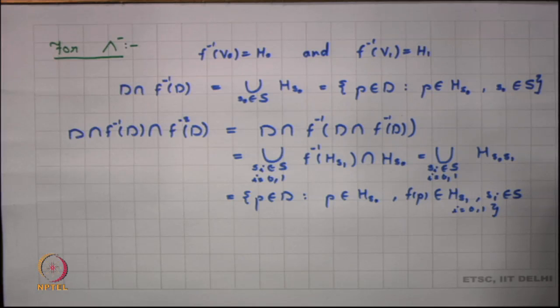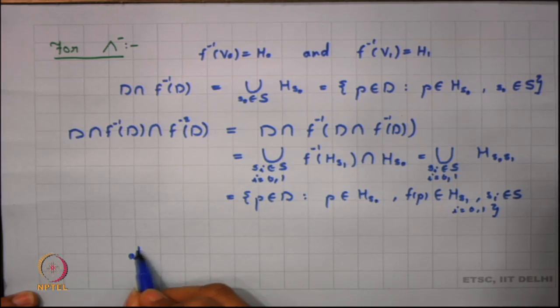So, this is my D intersection F inverse D intersection F minus 2 D. What we are interested in is what happens at the kth stage. So, what happens at the kth stage?